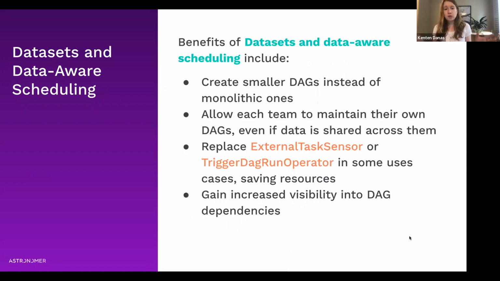So benefits of implementing datasets and data-aware scheduling include that you're going to be able to create smaller DAGs instead of monolithic ones. It's a way of implementing dependencies between your DAGs such that you can keep them separate rather than having them all as one. This is super helpful in cases where you might have different teams working on different datasets that are dependent, and putting all of those tasks in one DAG is ungainly in terms of how you're working on it.